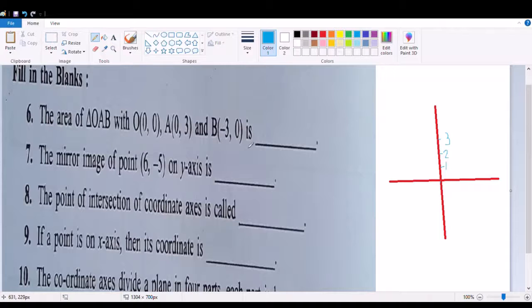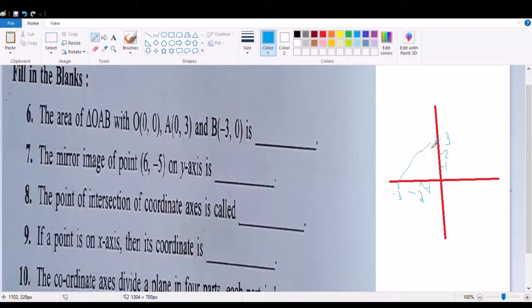So (0, 3) is the point here. Next, (-3, 0): this point is -1, this is -2, and this is -3. So this will be our next point.